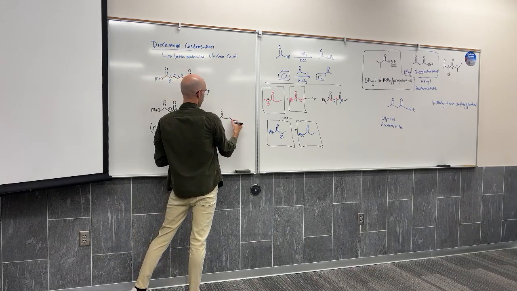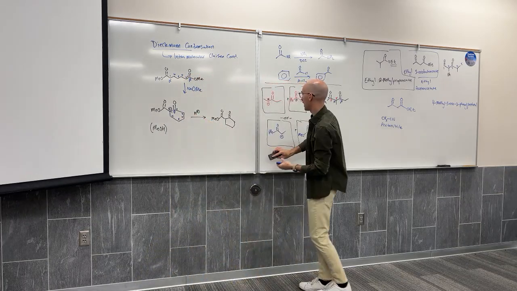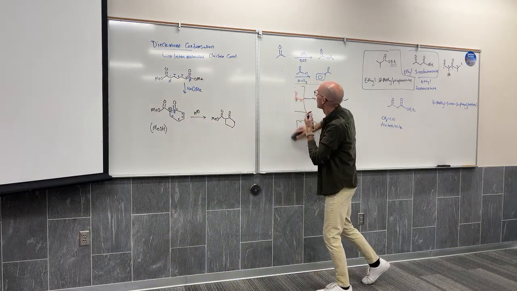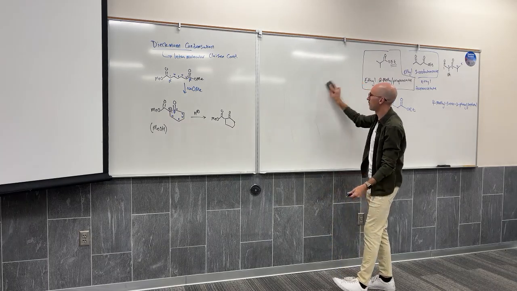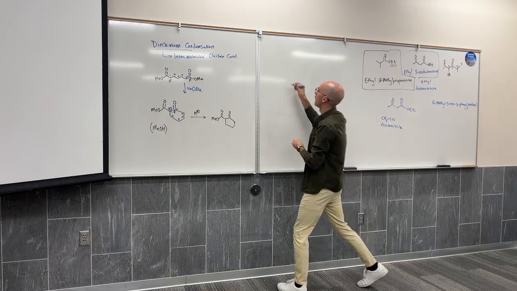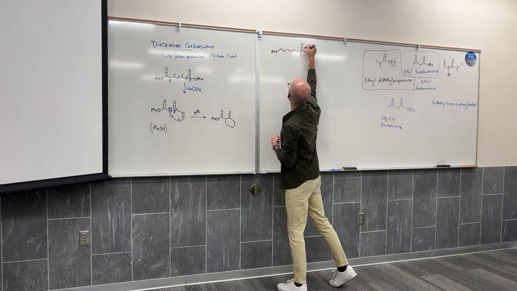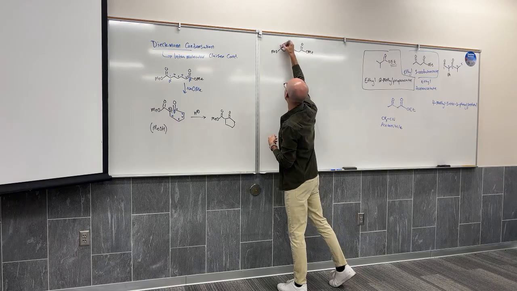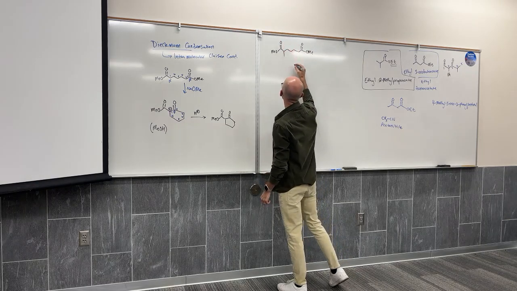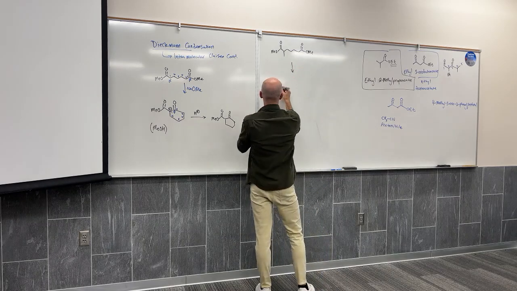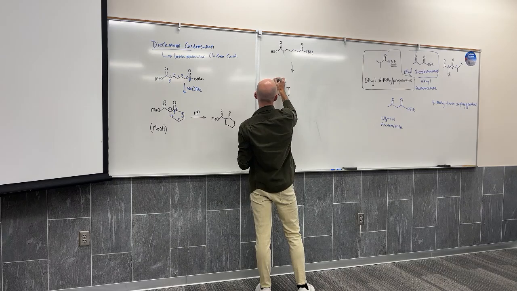Now, the reason that I bring this up is because this enolate intermediate can actually control the regiochemistry of an unsymmetric Dieckmann reaction. So I'm going to give us two examples here of products that can form.